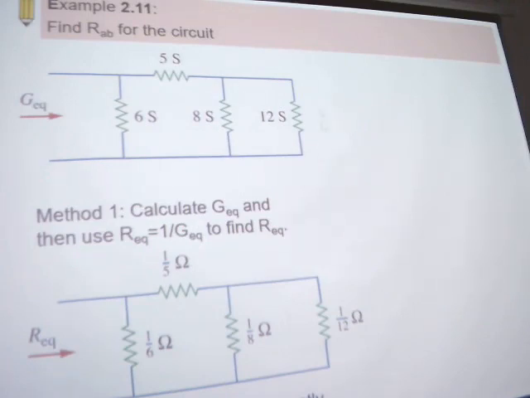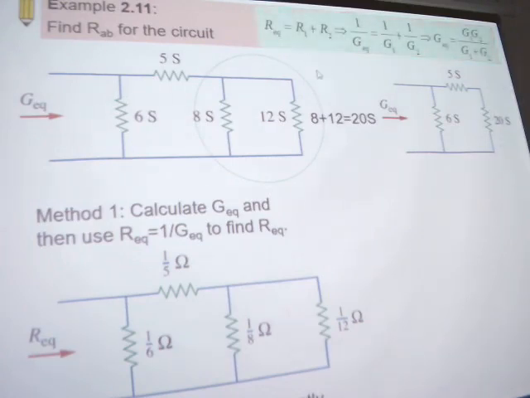We know for parallel we want to use what? For parallel we want to use conductance, right? So for here it can be like this. It's equal to 20S. Our REQ equal to R1 plus R2.